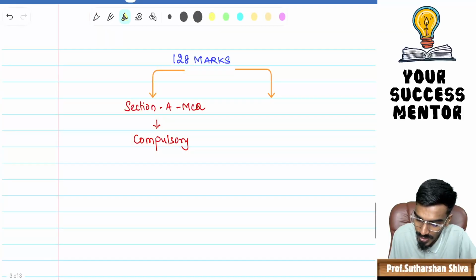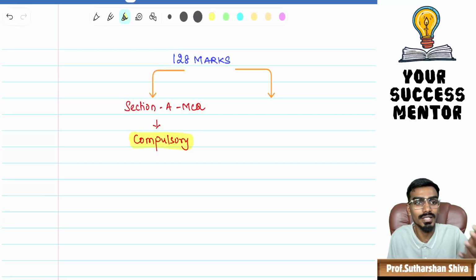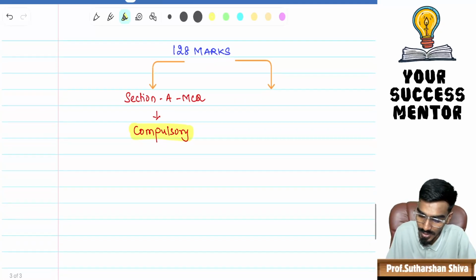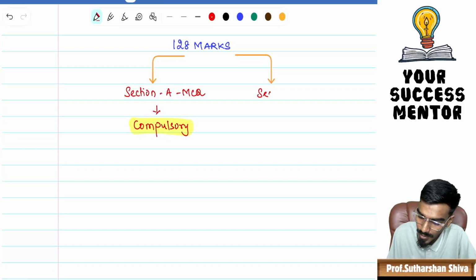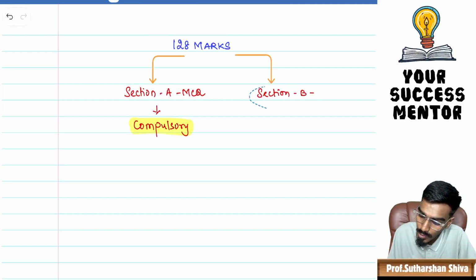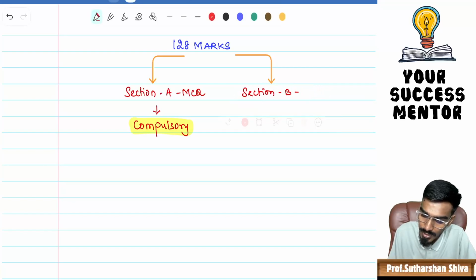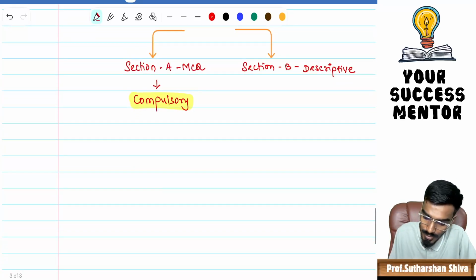You should compulsorily attend the MCQ because we are going to focus only on that MCQ part with respect to cost accounting. And then Section B is for the descriptive.